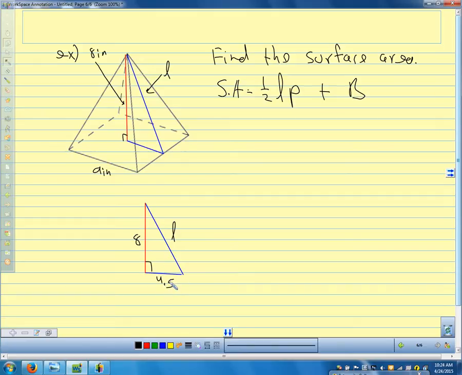All right, so here we have this triangle. What can we do to find the slant height now? What lovely thing do we have that always works with right triangles? I'm going to give you a hint.